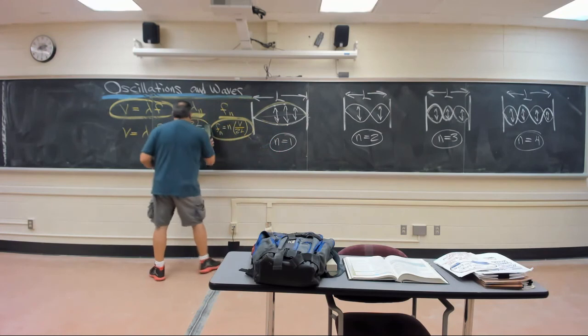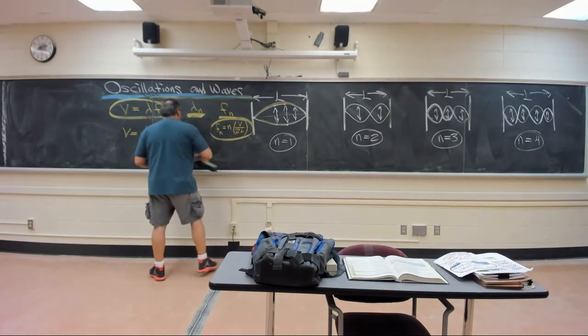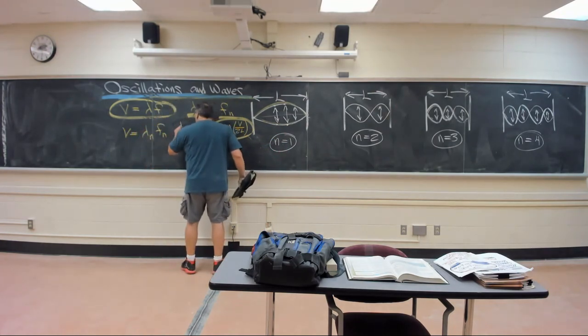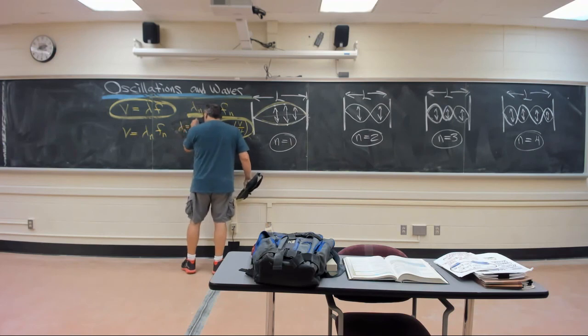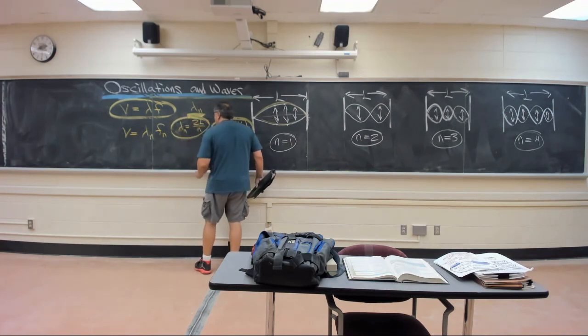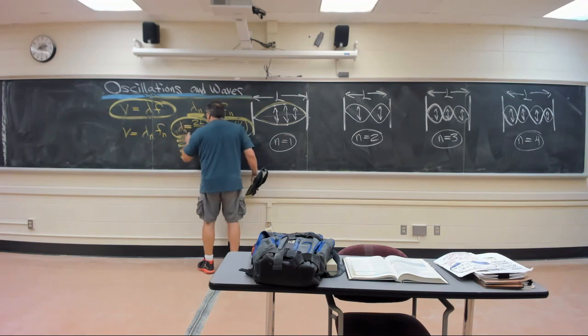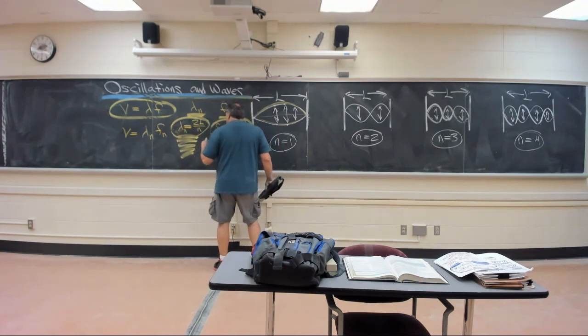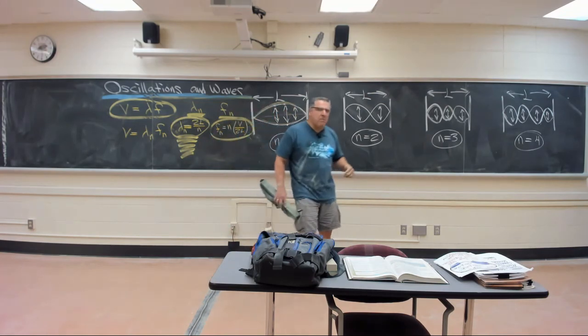And here, 2L over n, how long is the wavelength? It depends on what harmonic you're talking about. The number of hills tells you the number of the harmonic.